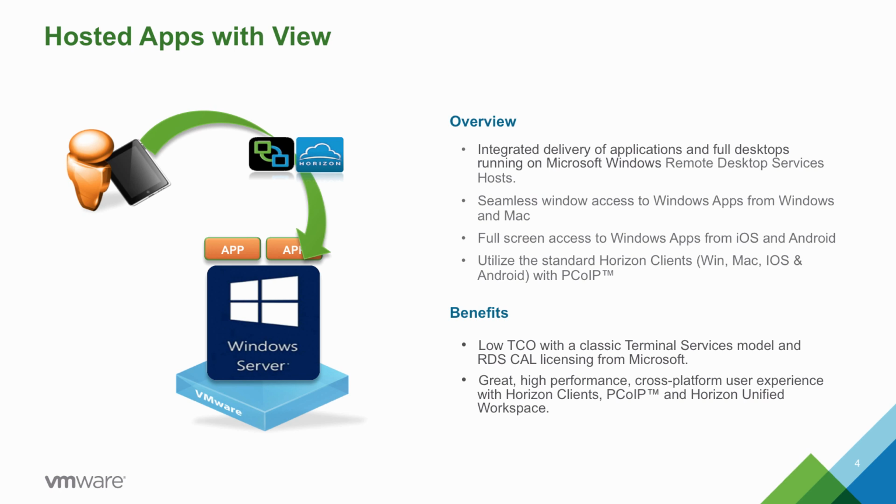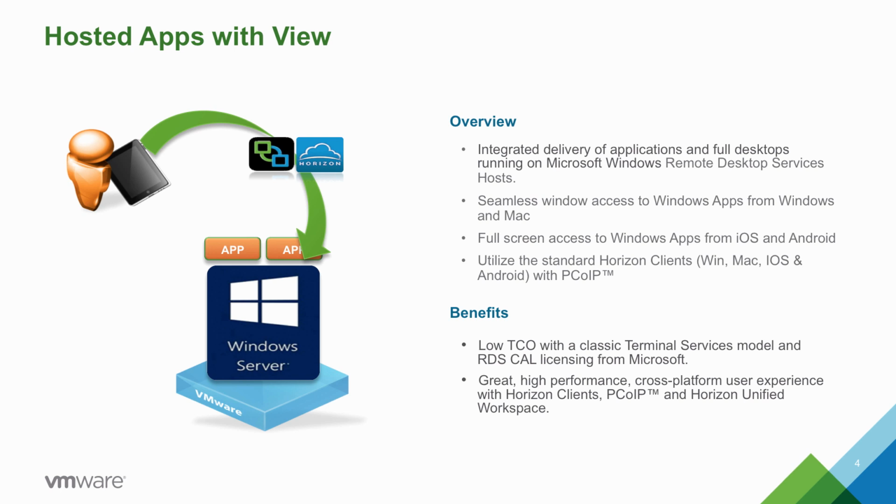How that interface will look is going to depend on the individual device, but it will be provided through the Horizon client, and we'll be doing this over PC over IP. So we have all of the user capabilities and all of the video capabilities that PC over IP gives us.